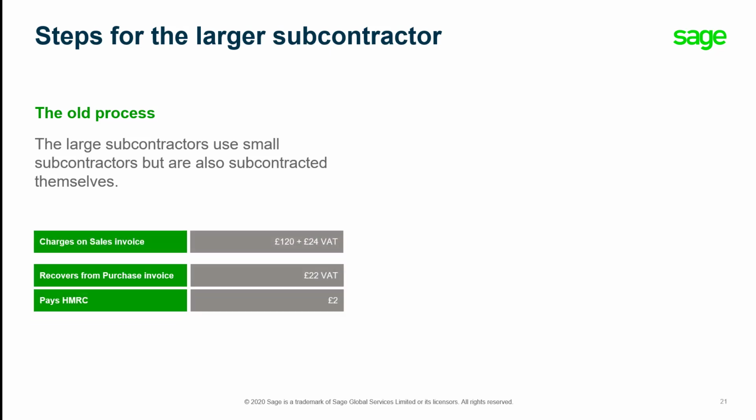So when they receive their invoice from their subcontractor, they recover £22 of VAT from the purchase invoice. When they produce their sales invoice to their customer, they charge £120 plus £24 VAT. In this case, that means that overall they pay £2 of VAT to HMRC.